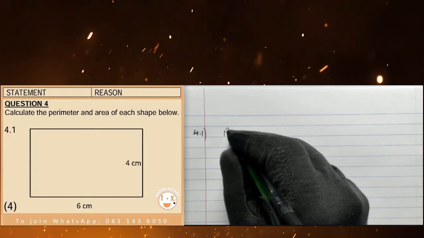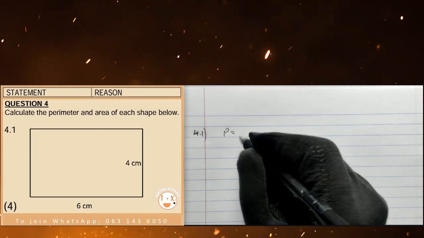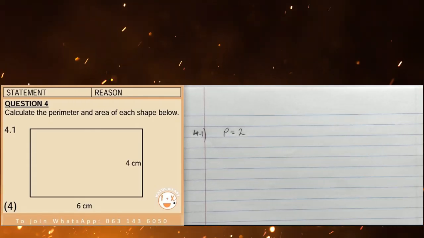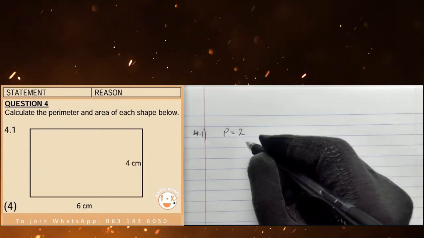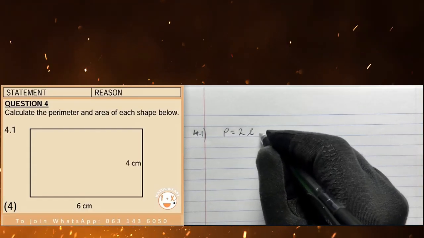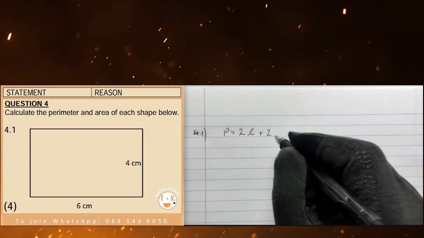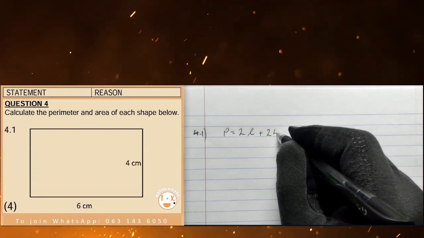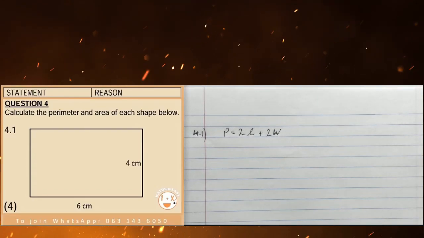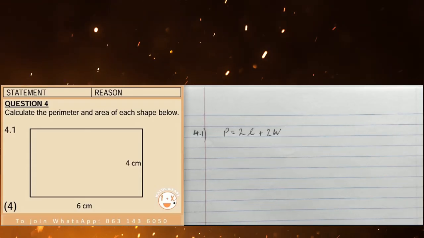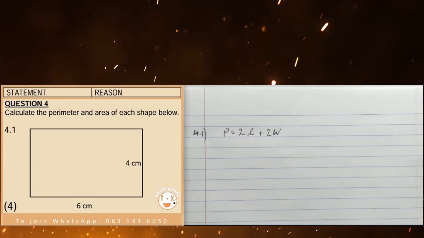Because you know that perimeter is equal to what? It is equal to twice one side, which we can say the length, and twice the other side, which is the width, isn't it? 2L plus 2B.